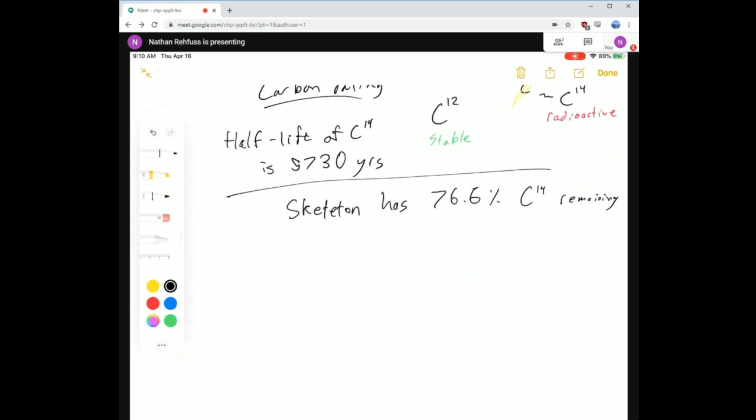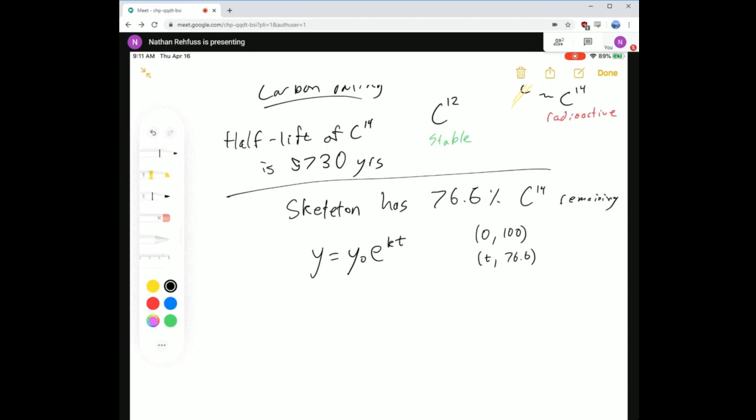So I'm going to use my model. Let's use y equals y0 e to the kt. I'm expecting k to be negative. I'm going to say that my two data points are at 0, we have 100% of the carbon-14. And after, however long it's been, we have 76.6% of the carbon-14. So that's not a data point.